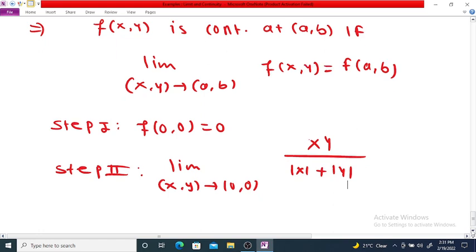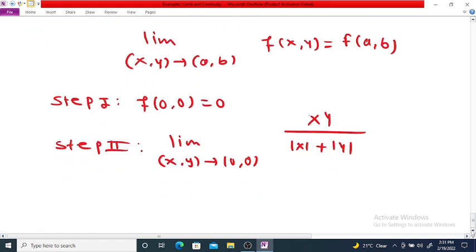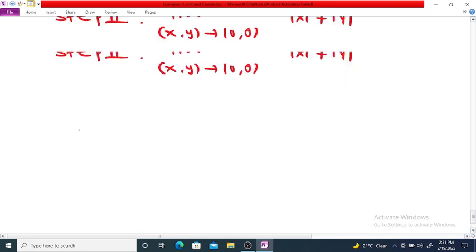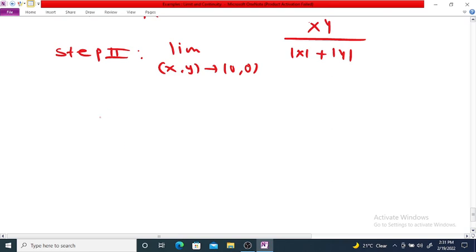Now we are going to show that the limit of this function is 0. So consider f of (x, y), xy divided by mod of x plus mod of y, minus 0.